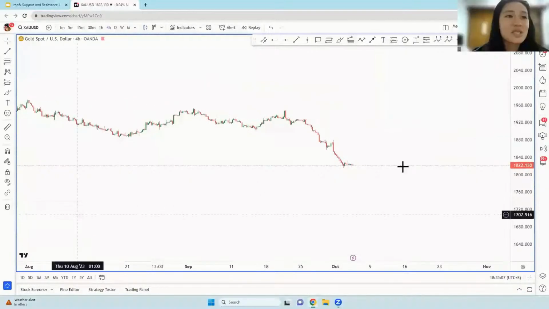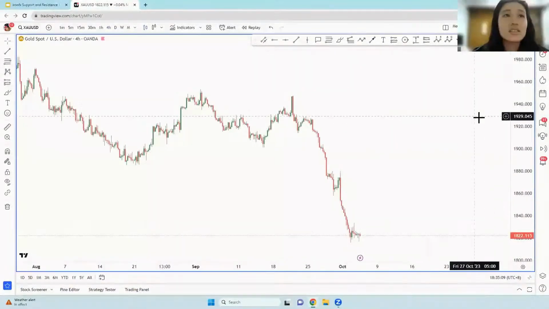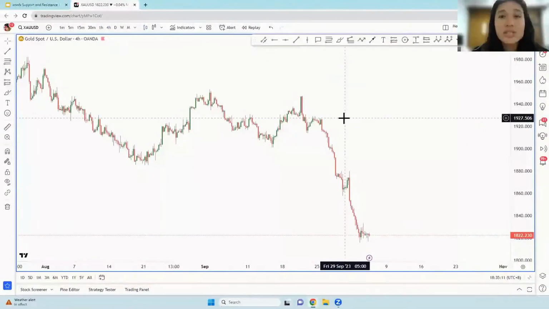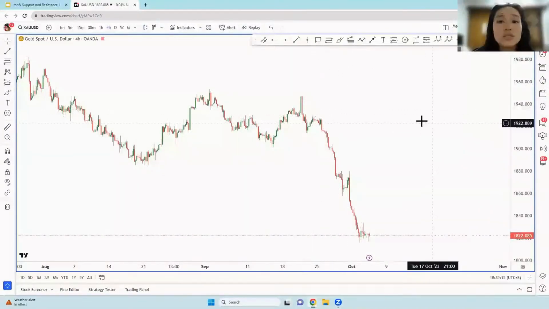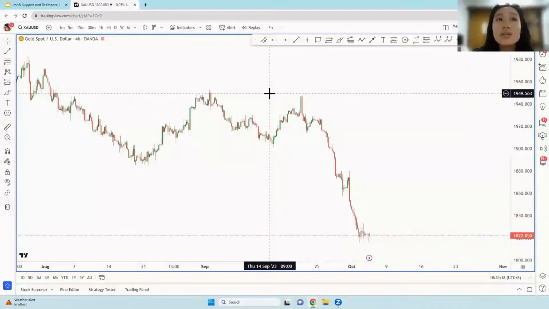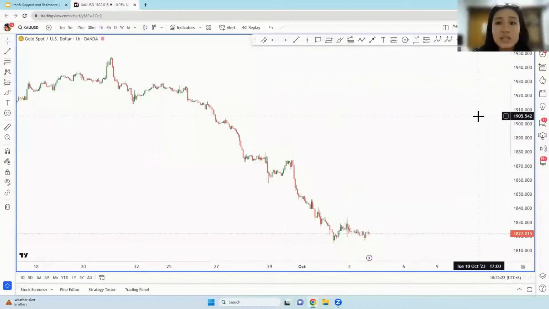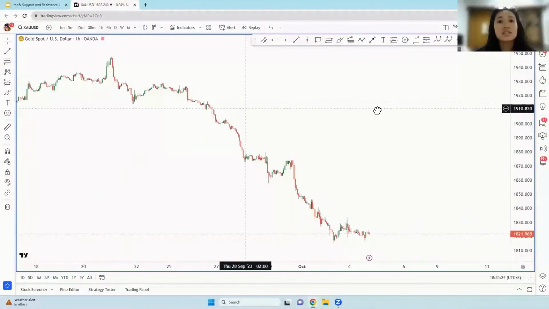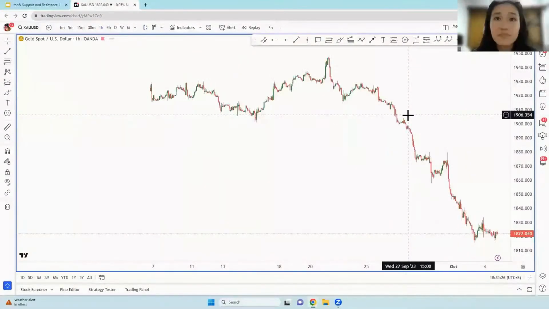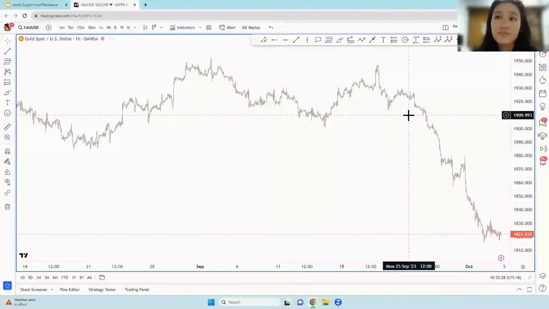Okay, now let's look at the 4 hour time frame. We typically like to analyze on either the 4 hour or 1 hour time frames, and how we decide between the two, like I mentioned earlier, is by looking at the chart structure, the price structure.